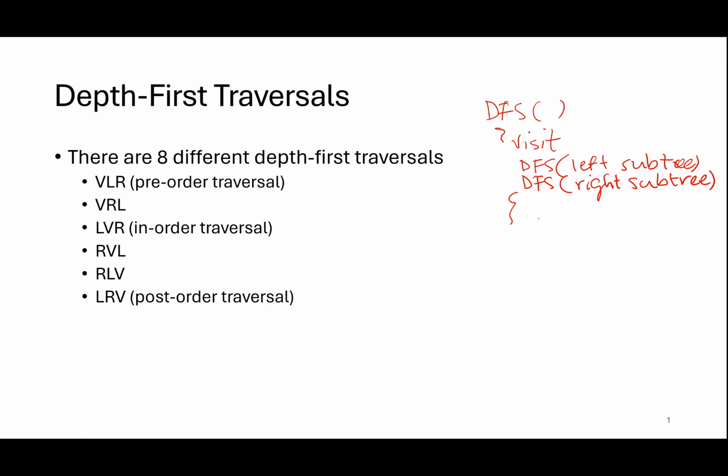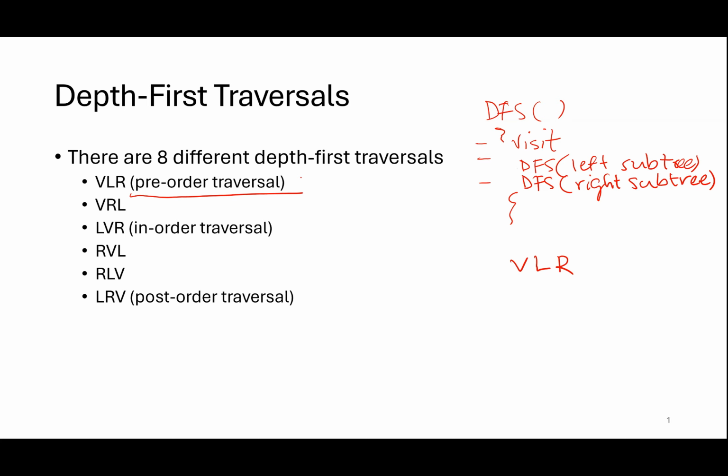If you see the order, it's visit, left, right, VLR. So the DFS algorithm that we learned initially is actually pre-order traversal.